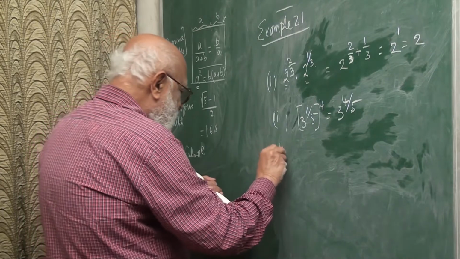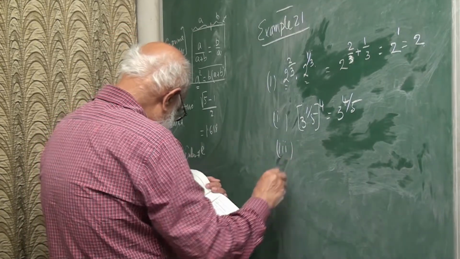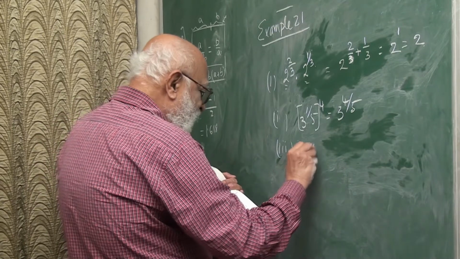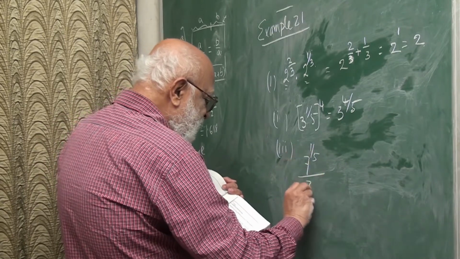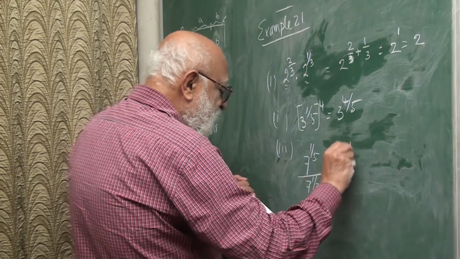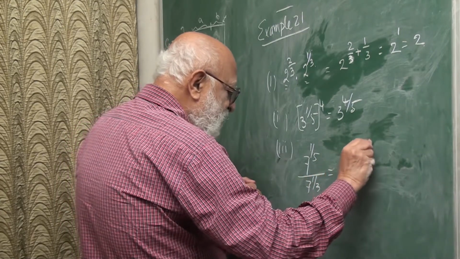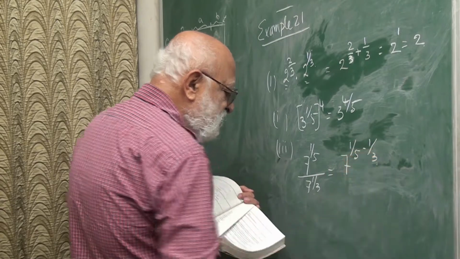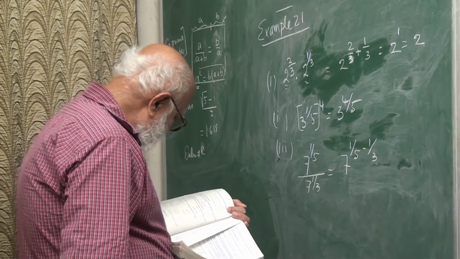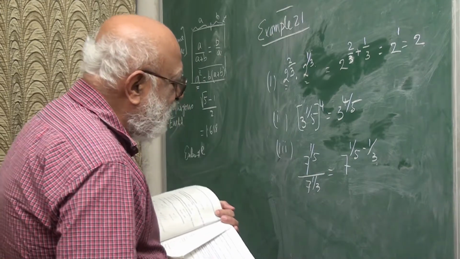Okay, number 3, 7 to the power 1/5 divided by 7 to the power 1/3, that is equal to 7 to the power 1/5 minus 1/3. Okay, so how would you do this?